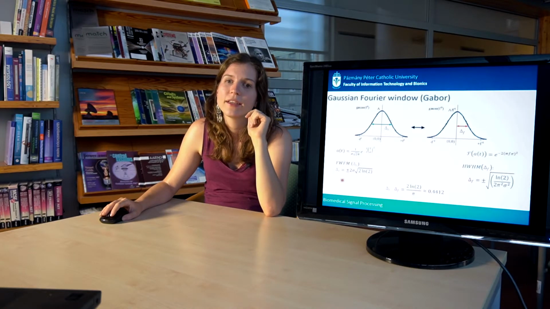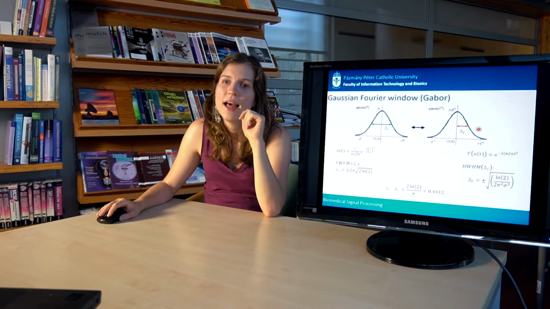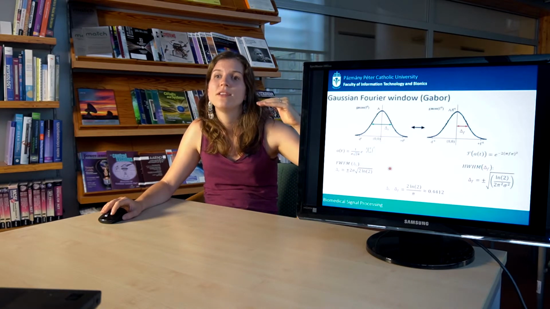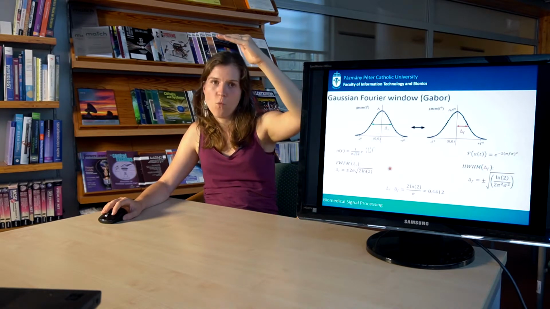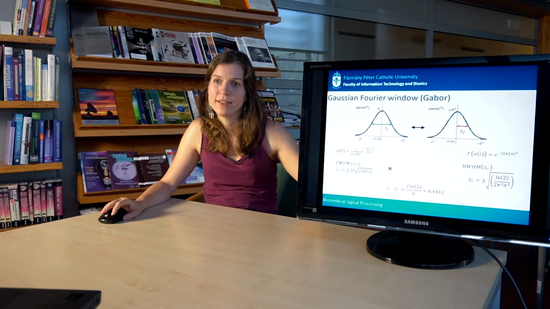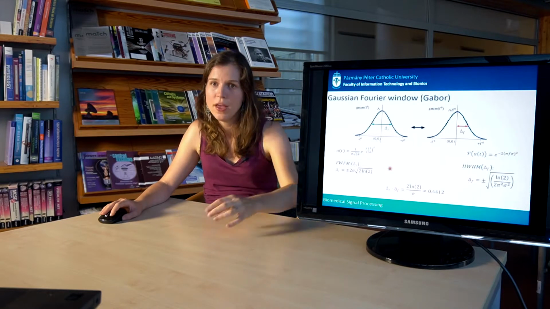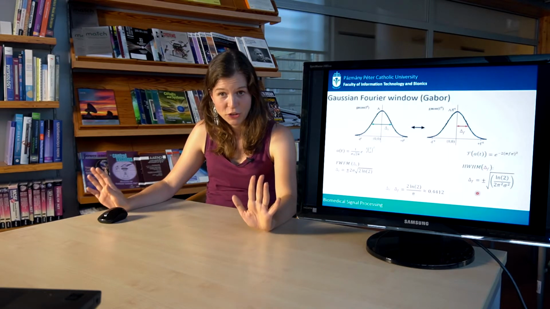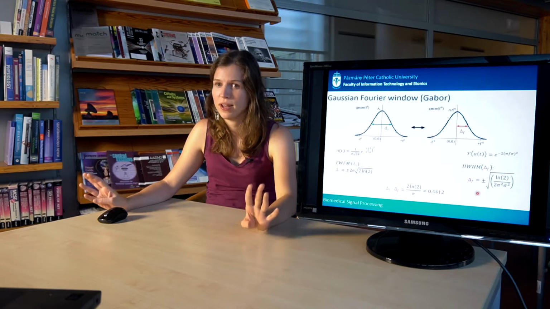And then we can calculate this delta t and delta f accordingly. So again, where this Gaussian window is reaching from 1 to 0.5, there you have the full width at half maximum value. And then you will have a number for delta t and one for delta f. So these are the two resolution numbers you have to count with.